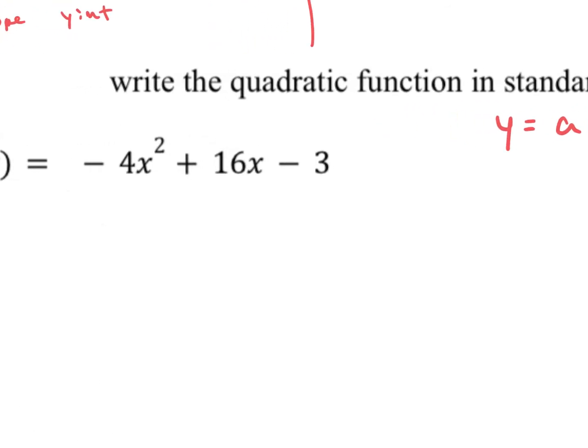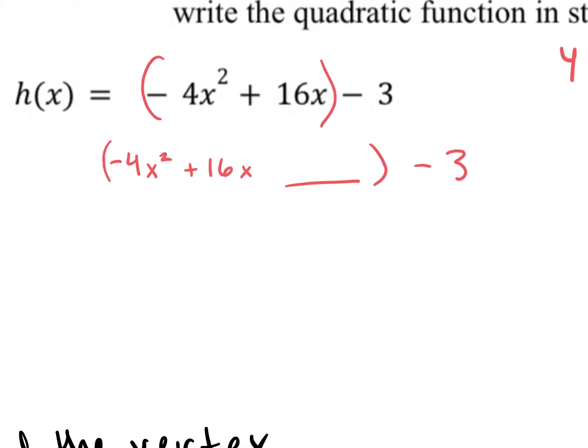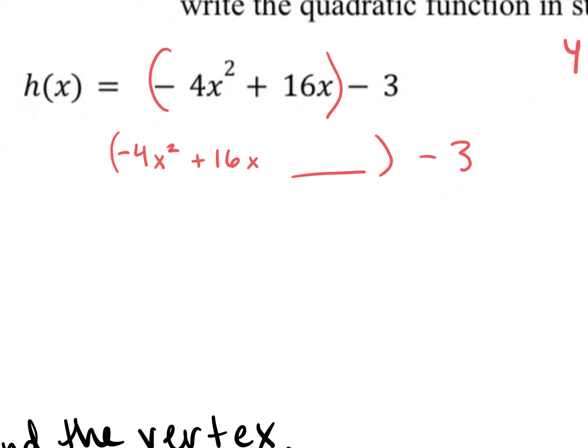So I'm going to group my x terms together. So this would be -4x squared plus 16x. I'm going to leave a space for my number here that's going to help me complete the square, and then just keep that -3 outside. Do I have anything in common between -4x squared and 16x besides the x's?